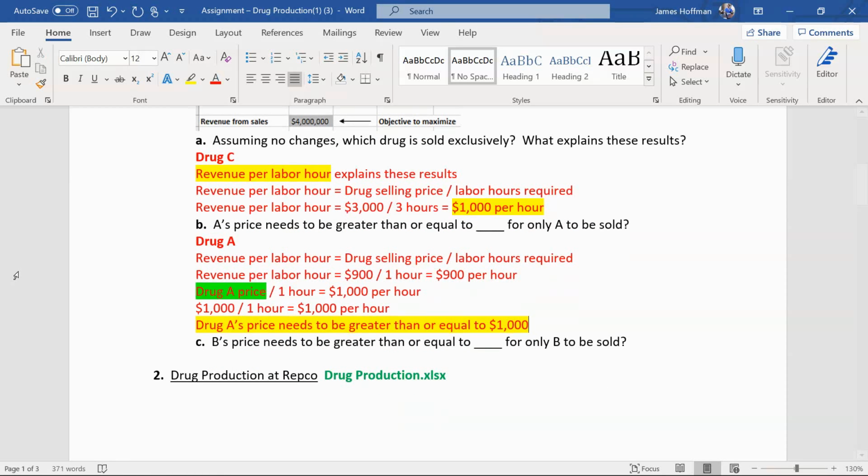If that was the case, then both drug A and drug C would be giving us $1,000 per hour in terms of revenue per labor hour. Now let's do the same analysis for drug B.